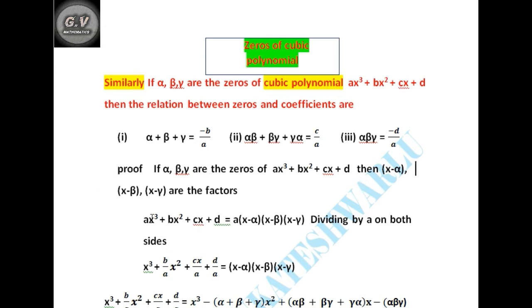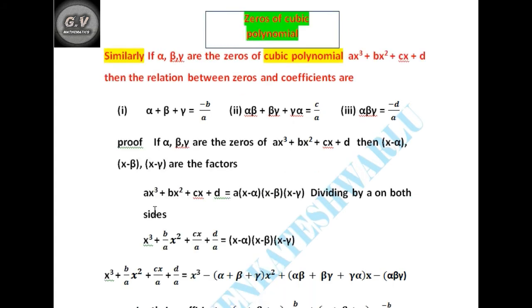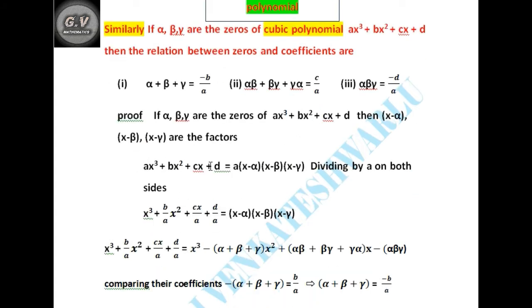Look here, ax cube plus bx square plus cx plus d is resolved into factors, that is a into x minus alpha into x minus beta into x minus gamma. Here, dividing by a on both sides, on the LHS and RHS, a by a is nothing but x cube.